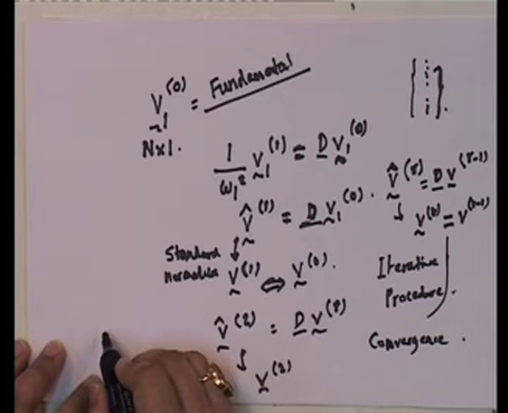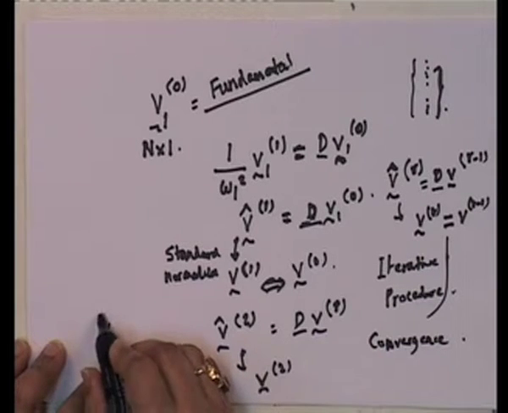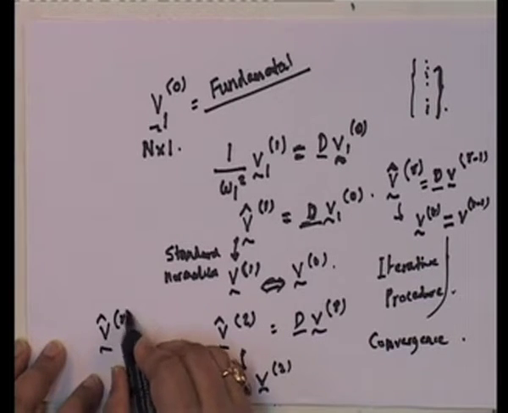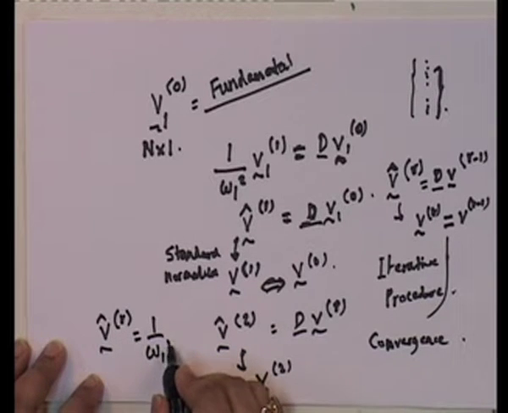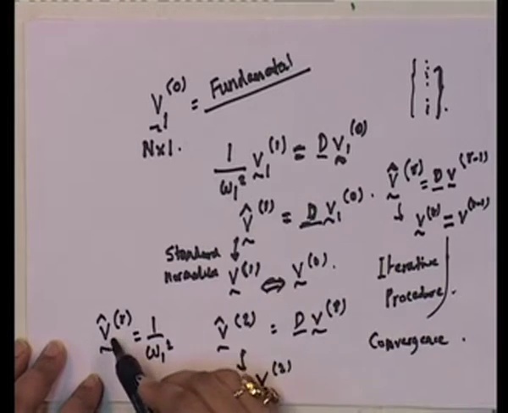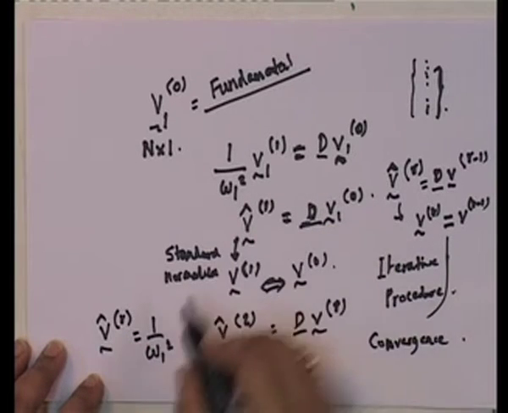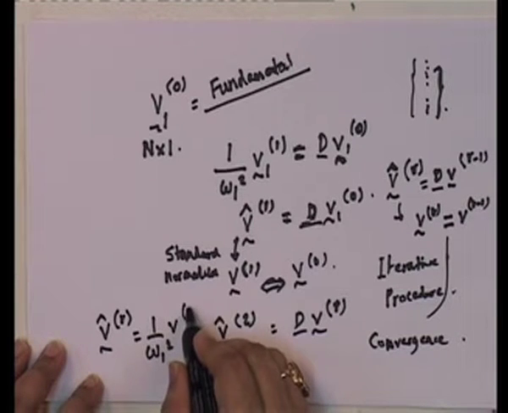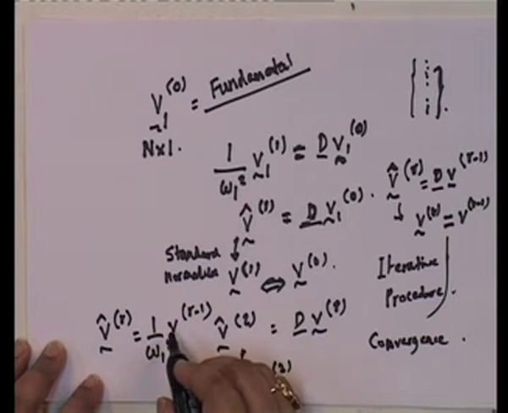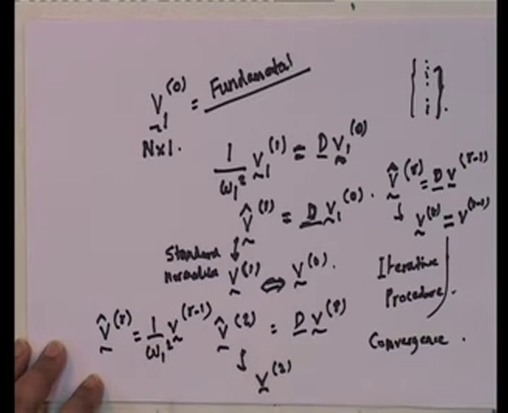know by definition that, look, this is equal to 1 upon omega 1 squared. It is actually 1 upon omega 1 squared V, but we do not want to find this out. So, what we do is we do this. Okay? And how can you find out omega 1?